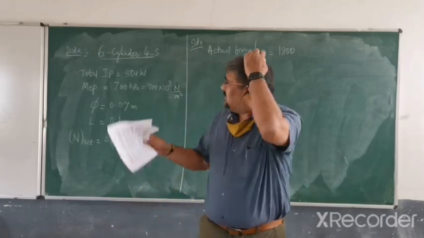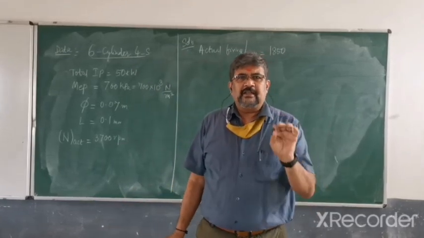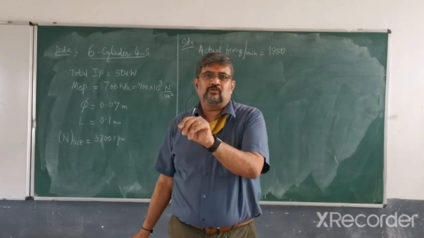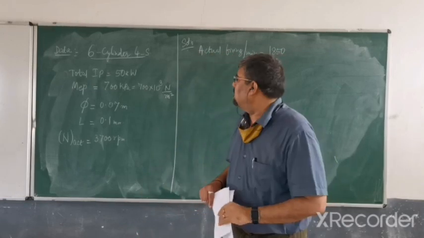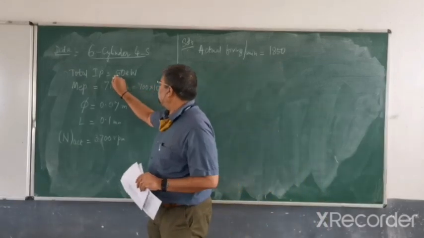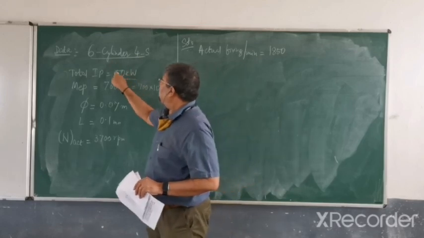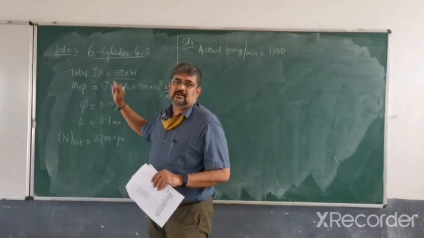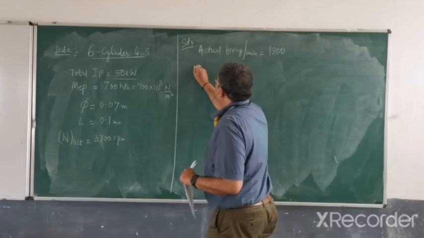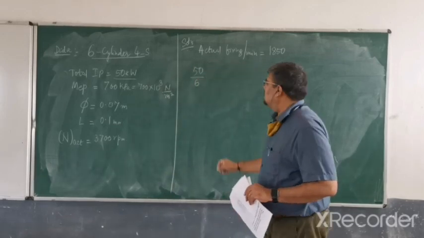Now, of these 6 cylinders, which one is misfiring, we don't know, but we can just comment that there are so many average misfires per minute. So this is the total indicated power. What is the indicated power per cylinder? 50 divided by 6, because it is a 6-cylinder engine. So 50 divided by 6 is the indicated power per cylinder.